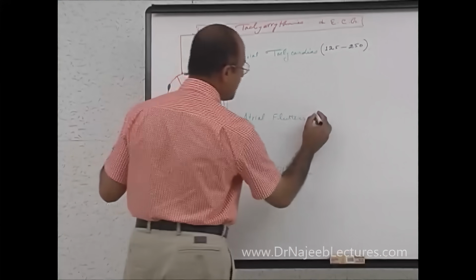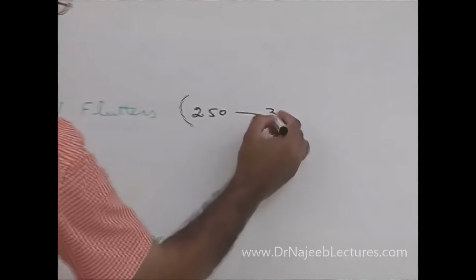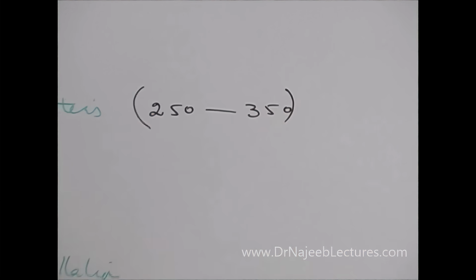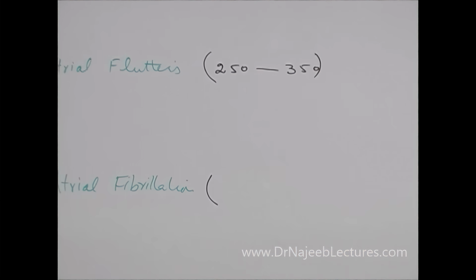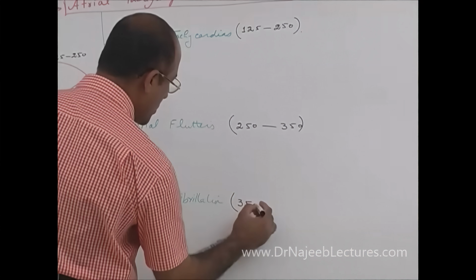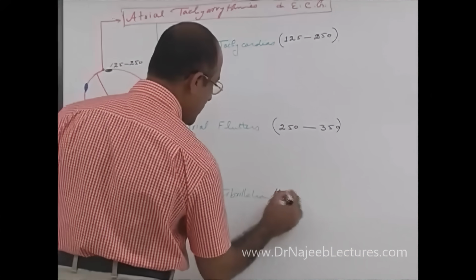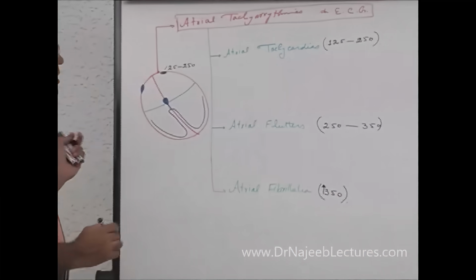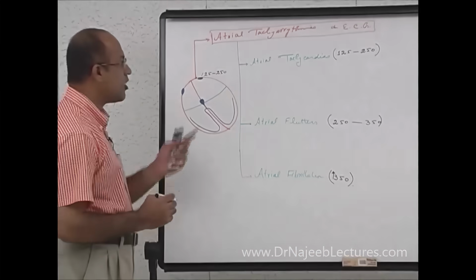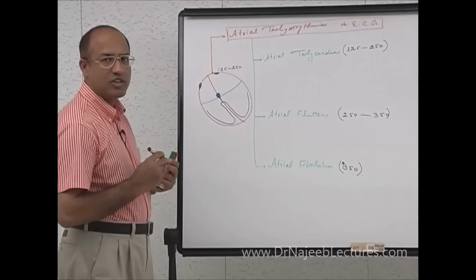In atrial flutter, the electrical activity is somewhere between 250 to 350. And we have already discussed that in atrial fibrillation, electrical activity in the atria is more than 350.